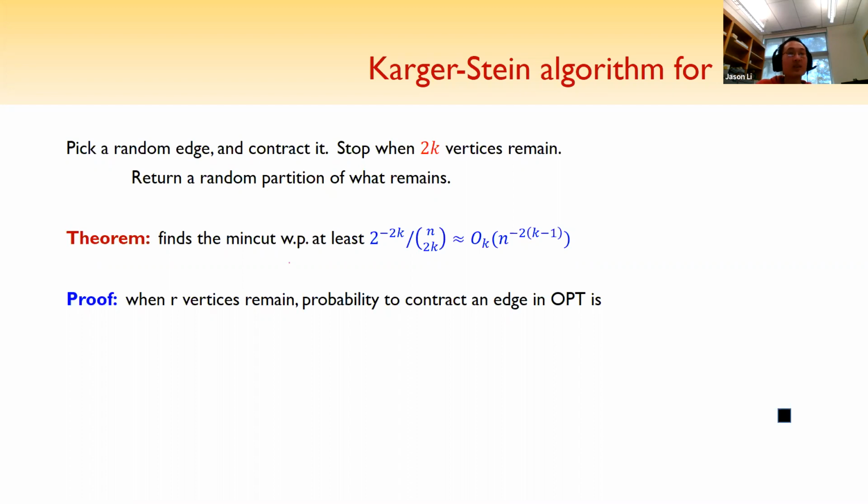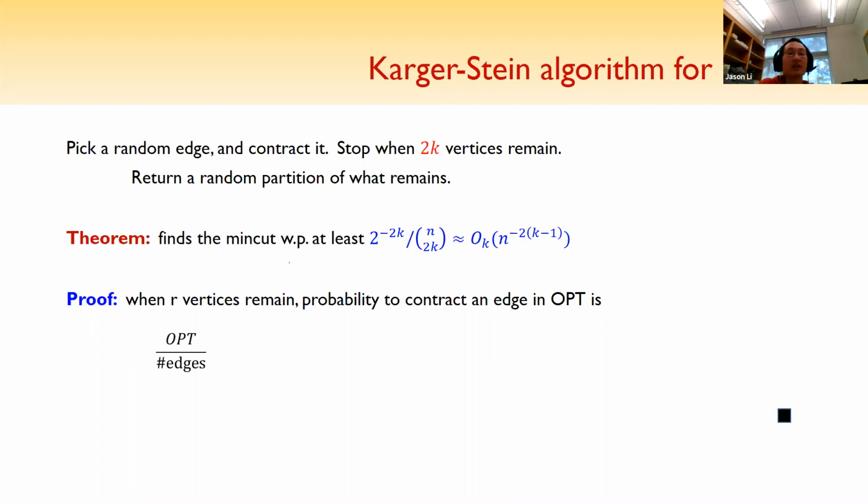We ask, what is the probability that we actually contract one of these edges of the min k cut? Now, if we contract one of these edges, then we're screwed because we've contracted an edge in opt, and therefore we cannot output opt at the very end. But conversely, if we never contract an edge in opt, then once we end up with 2k vertices remaining, opt will be in there somewhere. One of the partitions will correspond to opt.